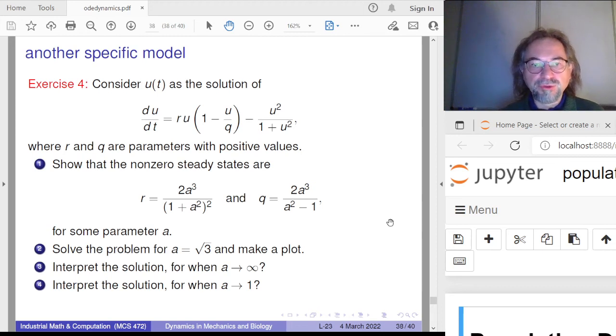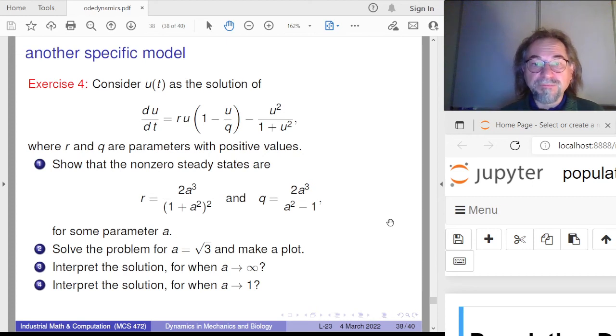So in order to solve the first part of this exercise, you can use symbolic computing, define the two expressions for R and Q as a function of the symbol A, and then verify that for A and Q, you actually have the non-zero steady states for these parameters.